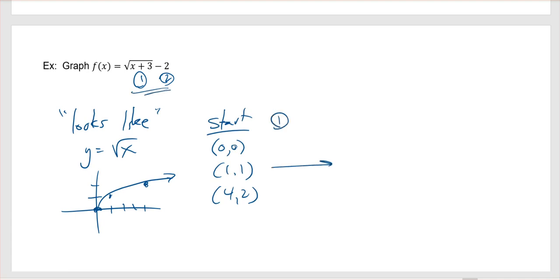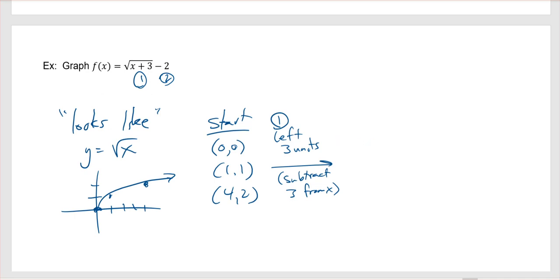Our first thing we're going to do is ask, what does that adding do? So we're adding to x. This means we're going to go left 3 units. So we're going to subtract 3 from x. Okay, so all these x values, we're going to subtract 3.